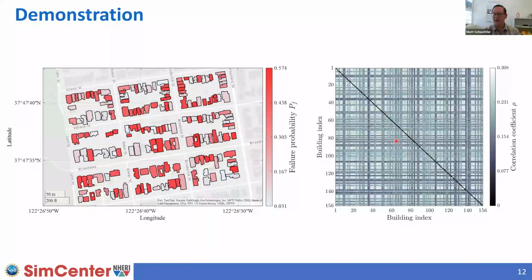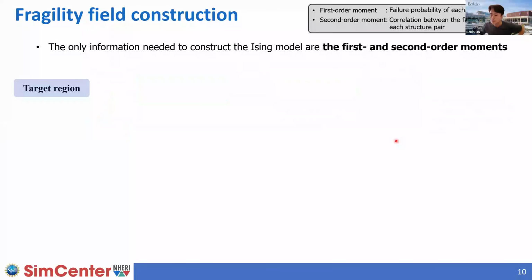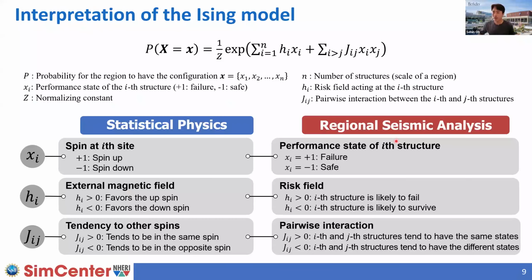Okay. Your fragility field is coming up with the probability of failure, correct?